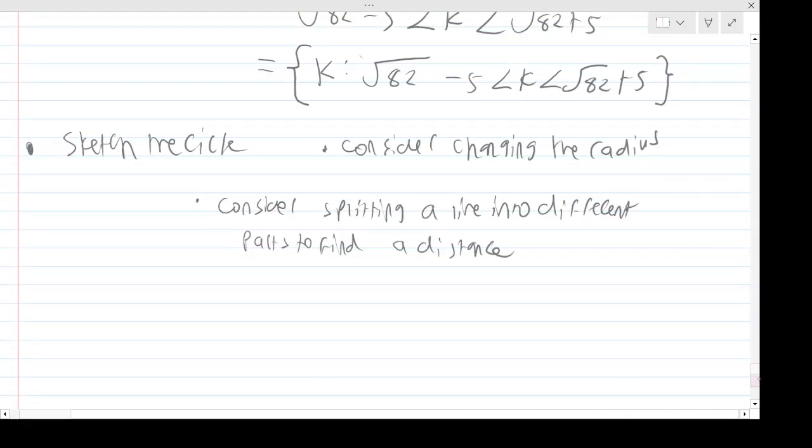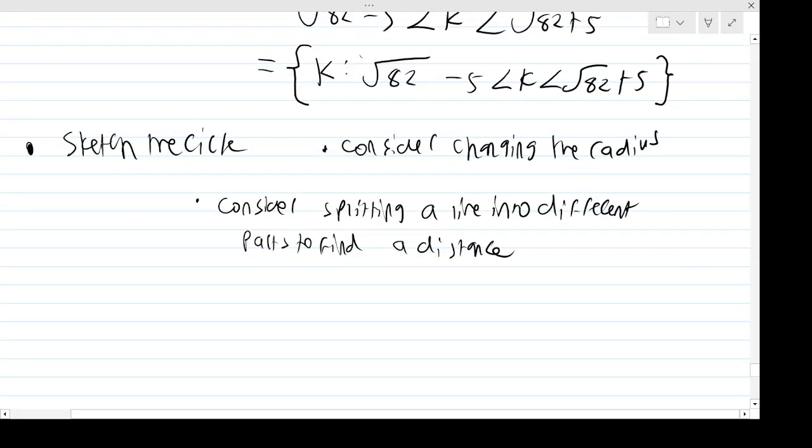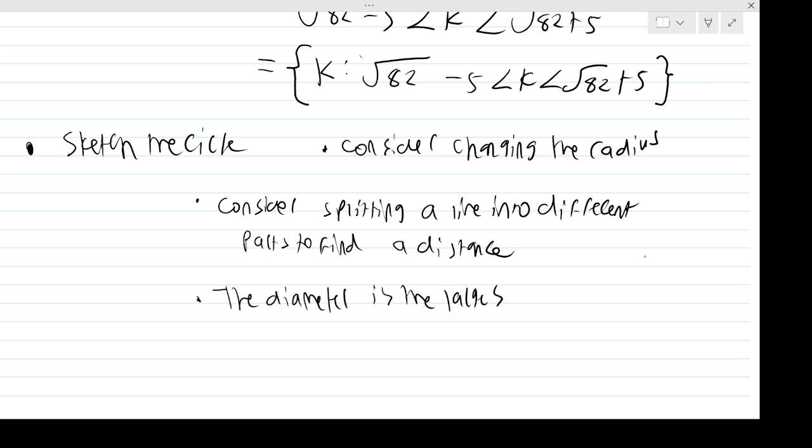And you might even need to perhaps use again the idea that the diameter is the largest chord, or I guess line, in a circle. So again, go back to what I briefly described earlier.